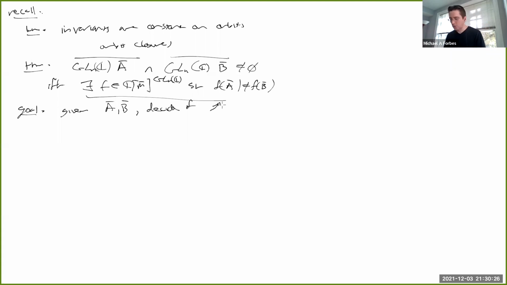To talk about a real dimension reduction, we need to give a stronger solution concept, which is the following. Suppose we have curly S, a subset of invariants.